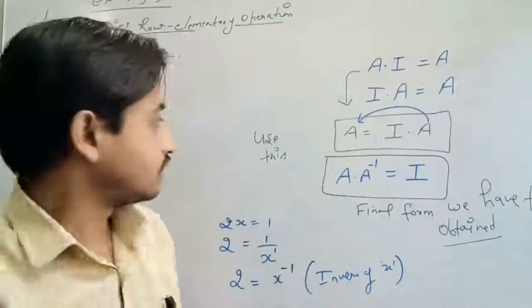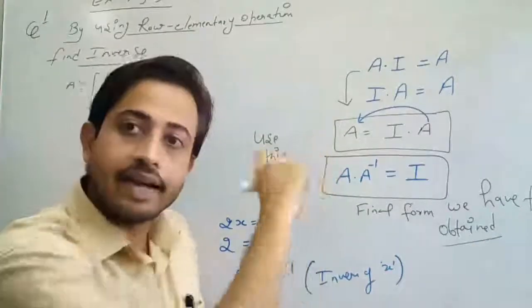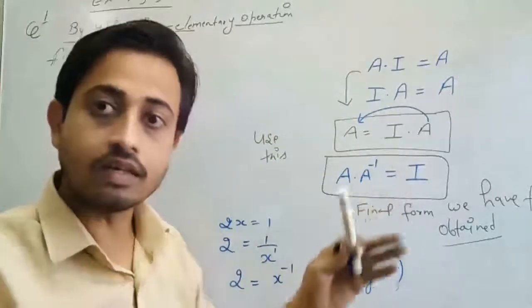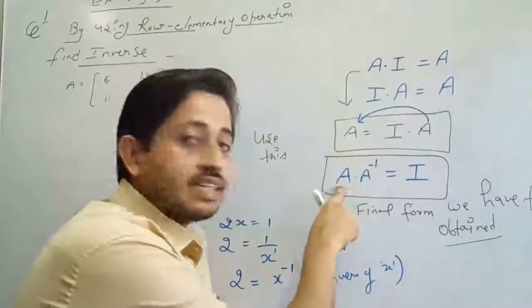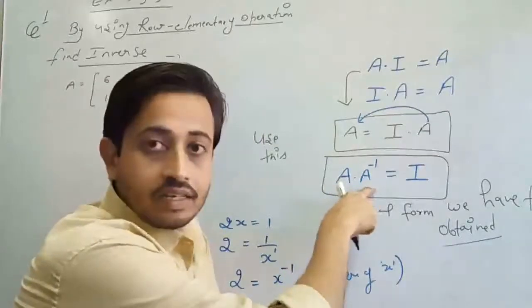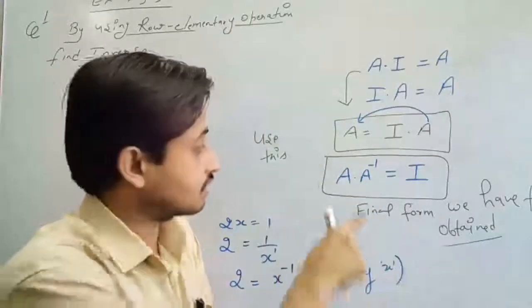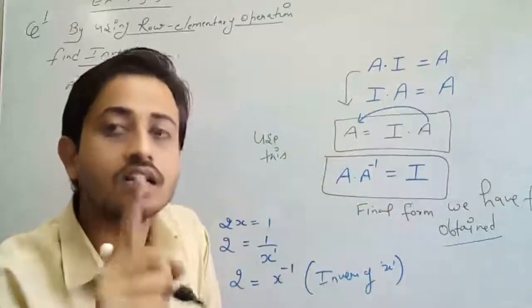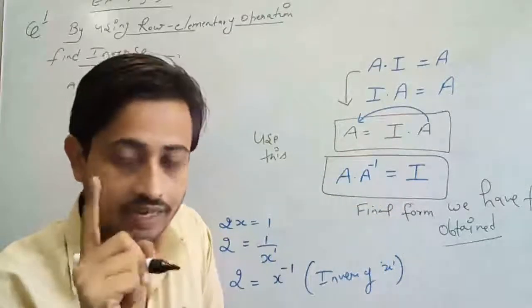We have used this concept and try to move to this form. Then the matrix multiplied with A is what? Our inverse matrix.